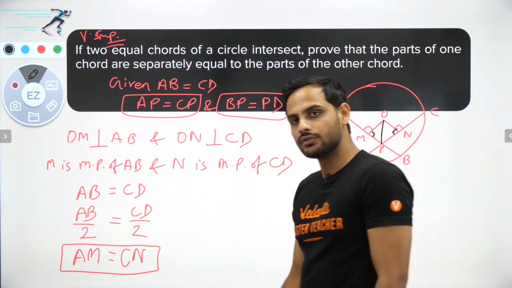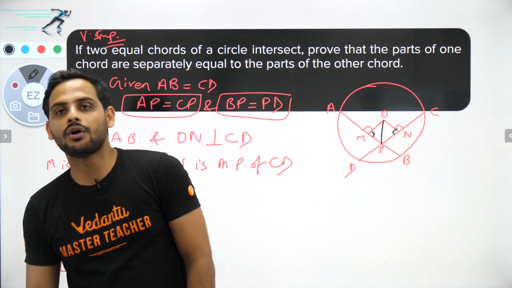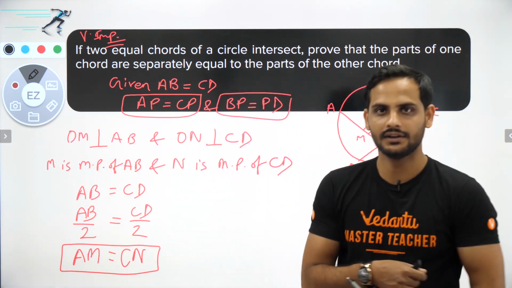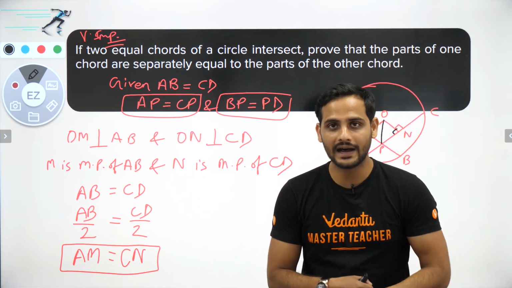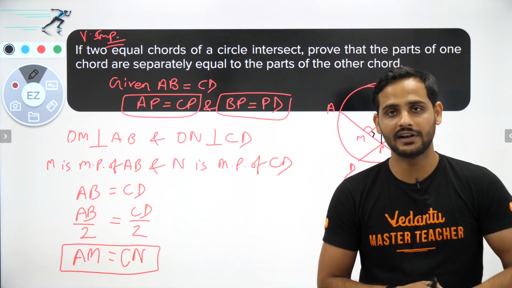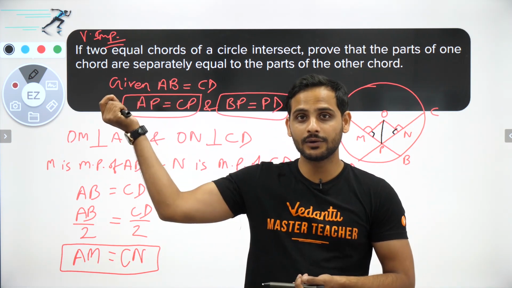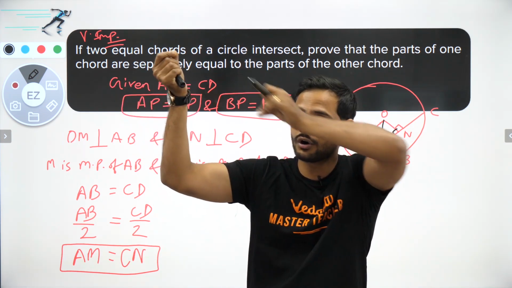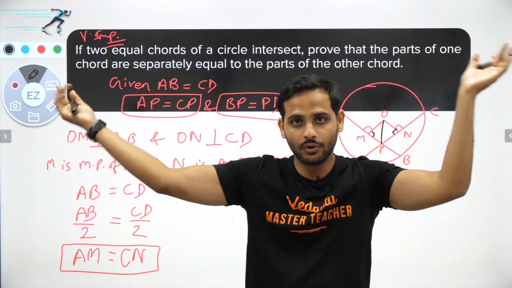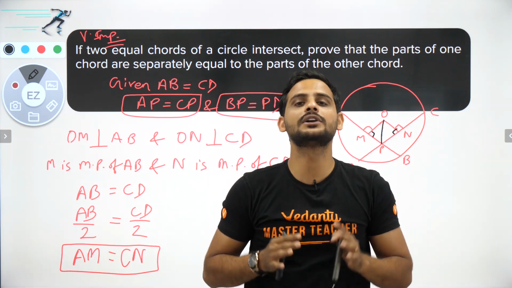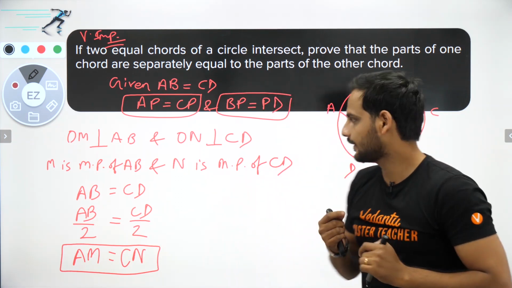One more theorem we know, sir: 2 equal chords are equidistant from the center. That means if the chords are equal, the perpendicular which you are drawing from the center on the chords will also be equal in length, because equal chords are equidistant from the center.